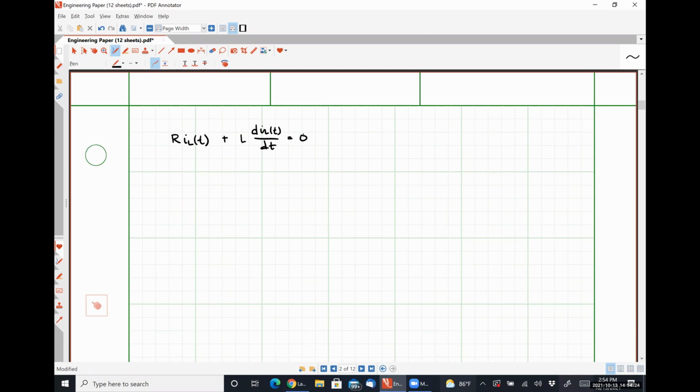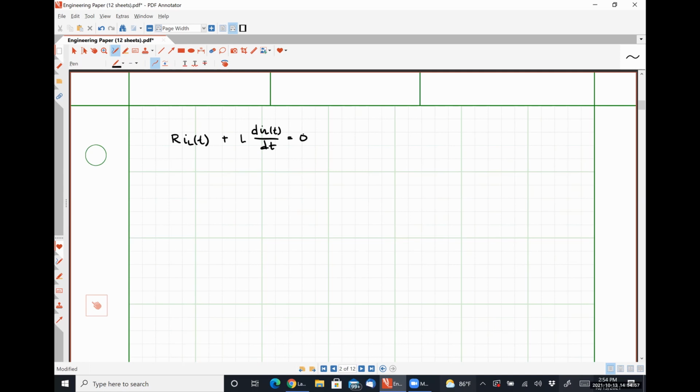Can anybody think of any functions where that would work? An exponential function, okay? That is the correct answer, but one that I hear pretty often is also sinusoids. Sinusoids will not work for this first order equation because when we take the derivative, we wind up introducing a 90-degree phase shift and all that kind of stuff. And I'll talk a lot more about that when we get to steady state sinusoidal analysis.